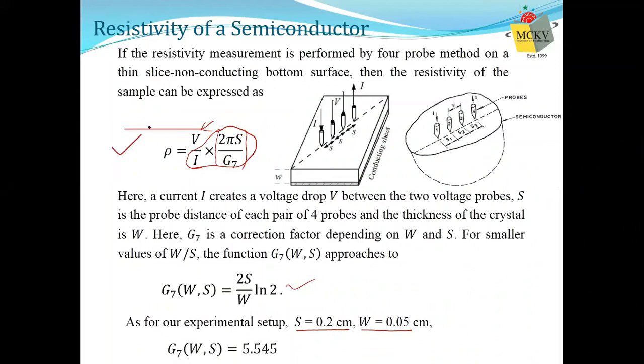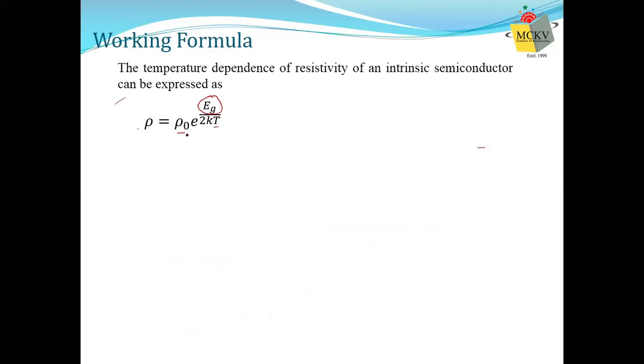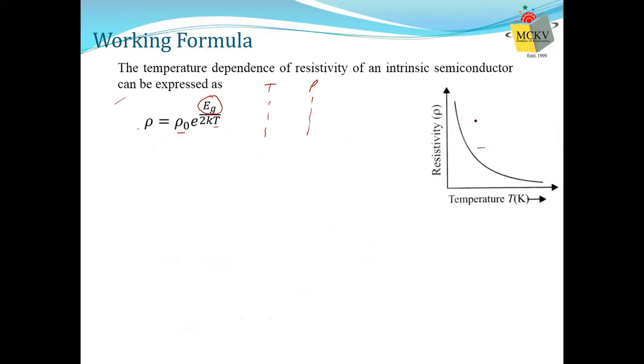If temperature is changed, then only V will be changed. V is the only variable here. As a result, rho will be changed. But if I have a table of temperature values and rho values, so that I can plot this type of graph, then how can I estimate Eg easily? It's very tough to estimate it.